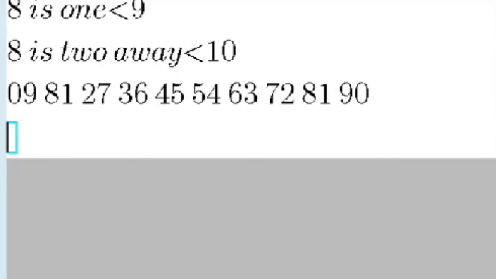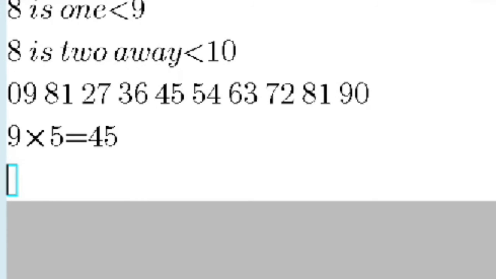Example: if 9 times 5 is to be 45, what will 8 times 5 be? This is equal to, since from the first rule we say that 8 is 1 away from 9, and the second rule that 8 is 2 away from 10. So, you subtract 1 from the left hand side of the number, which is 4.